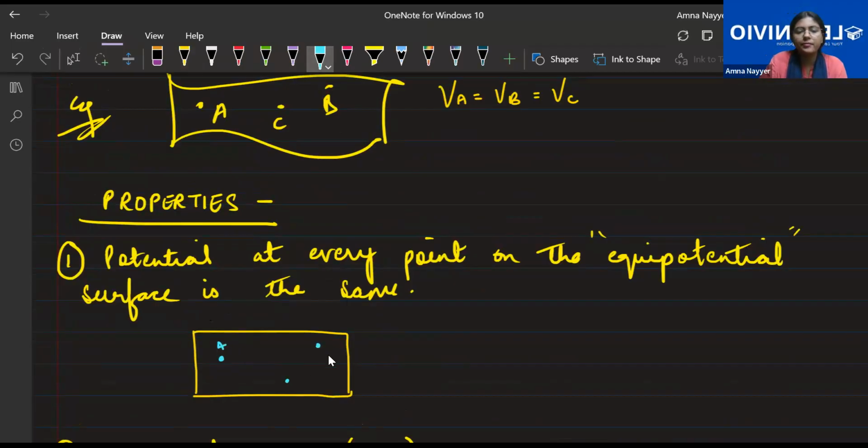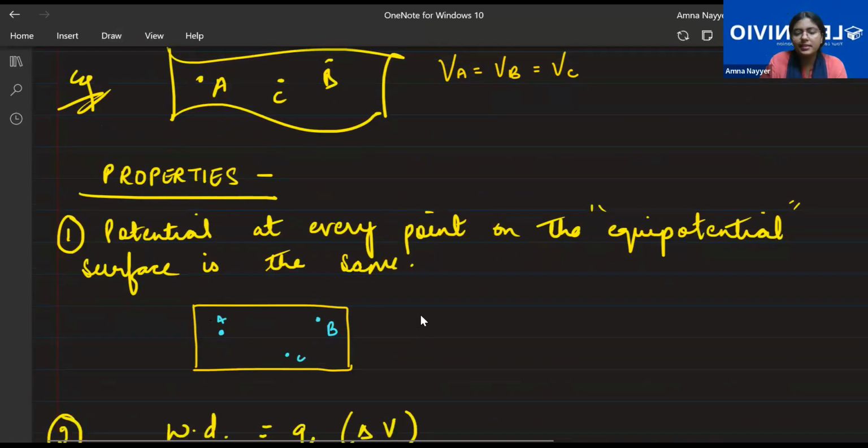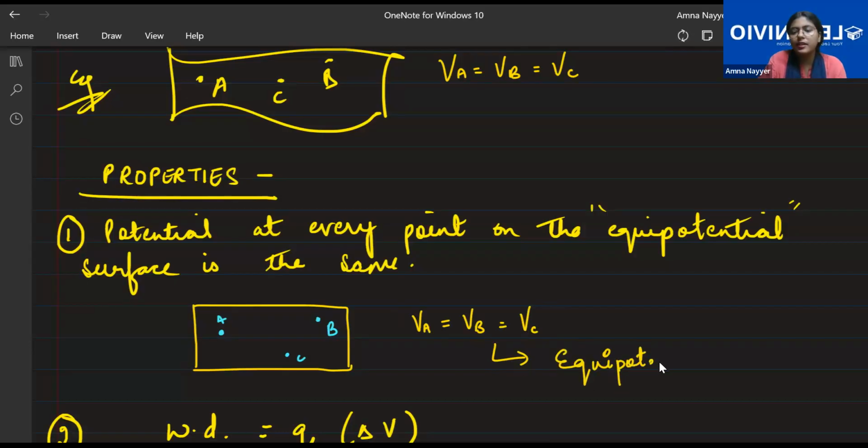A, let's say B, let's say C. So at all the points, VA is equal to VB, which is equal to VC. If this condition is satisfied, we can directly say the surface is an equipotential surface. All right, so the first property is very easy, just the definition about it.